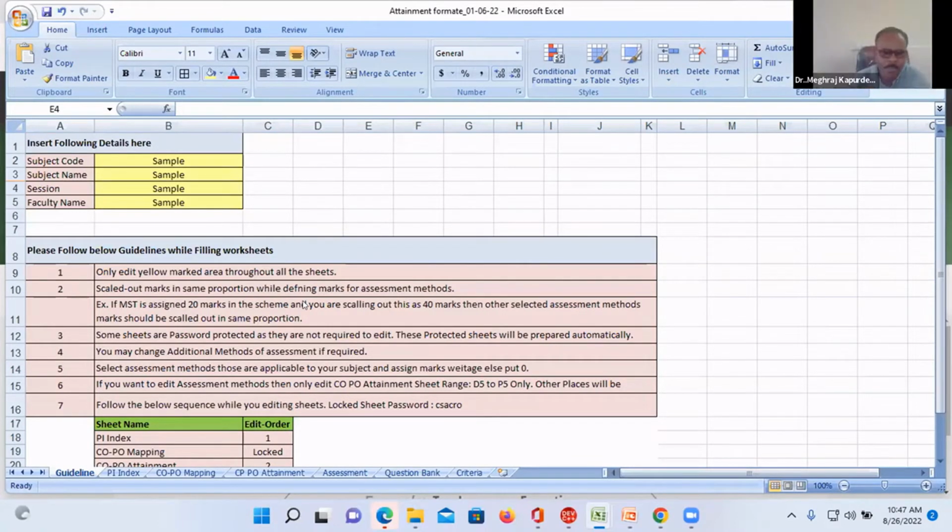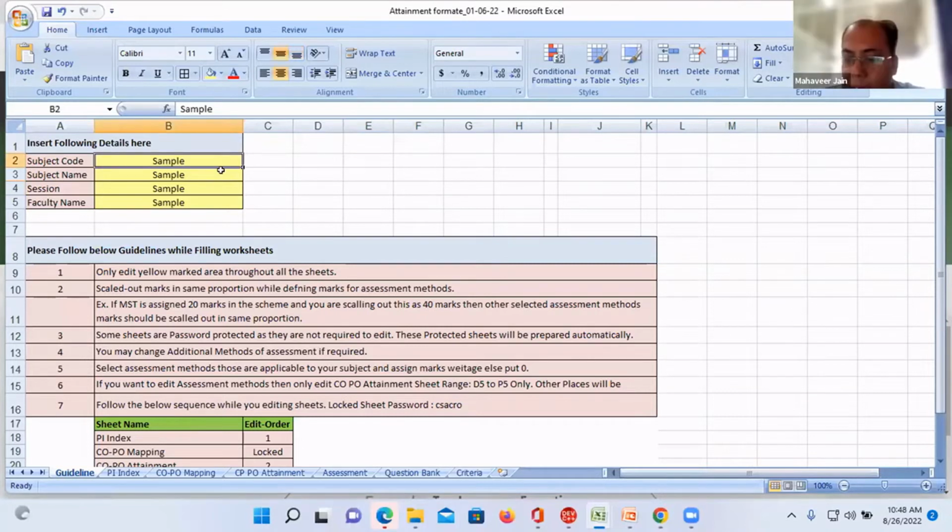Yes, sir. Okay. So this is the Excel sheet where I have written some instructions also for my faculty members. In the first place, you need to write the subject code for which subject you are planning. So suppose I am planning for data structure, the code is CS303. When you write here, it will reflect in all the sheets. I think this is the simple way.